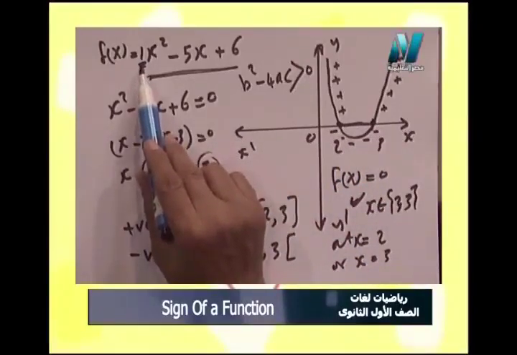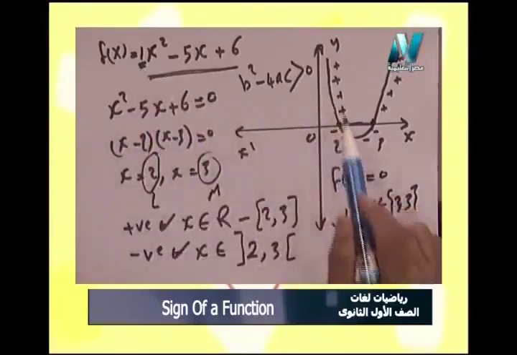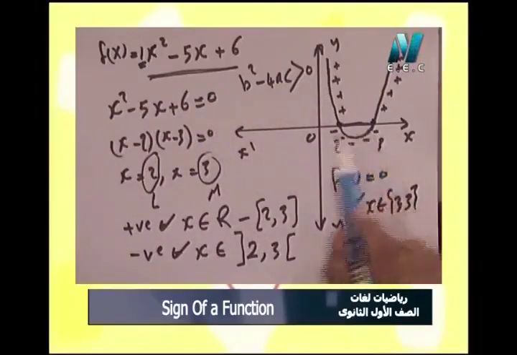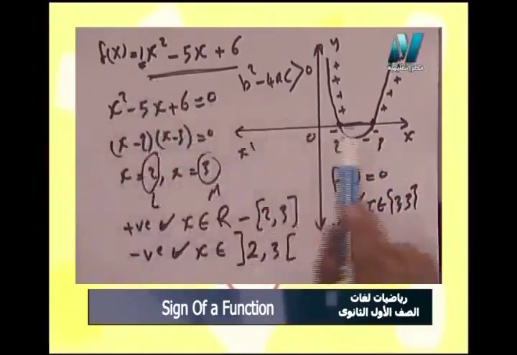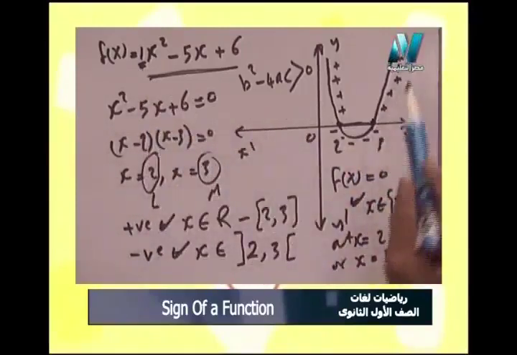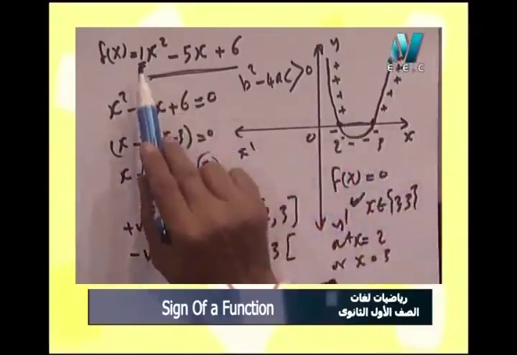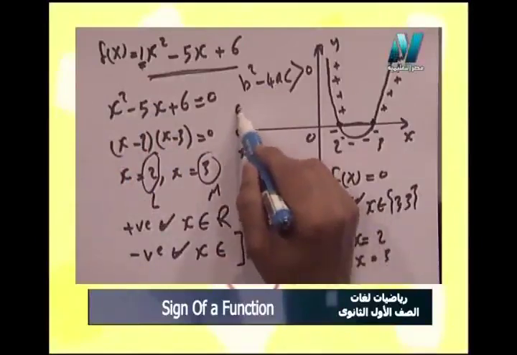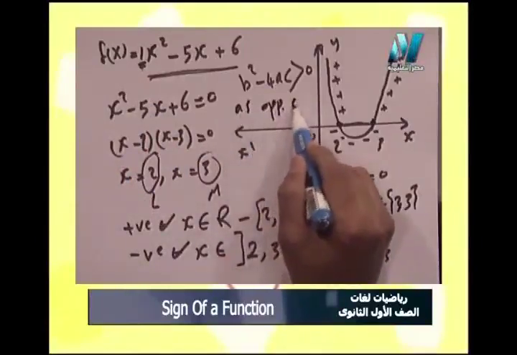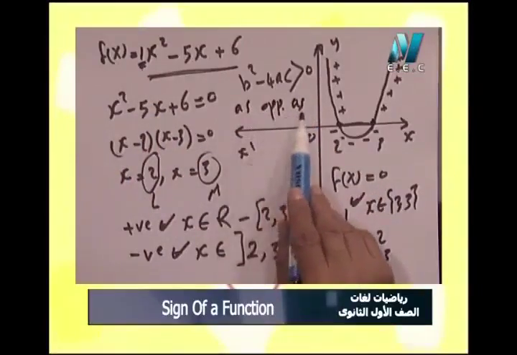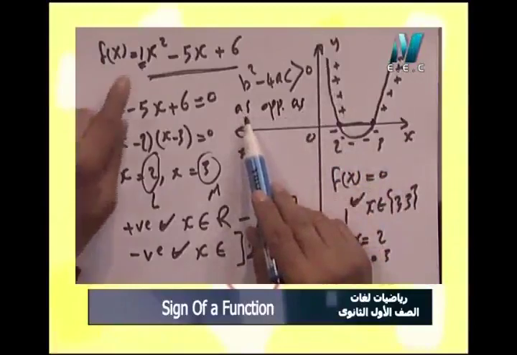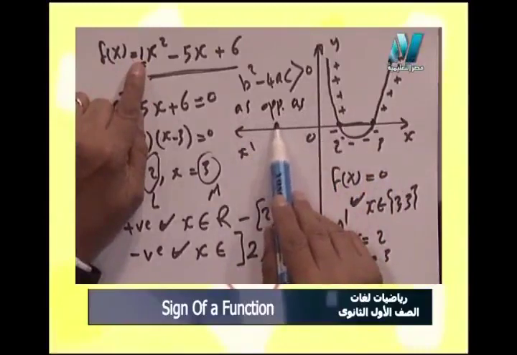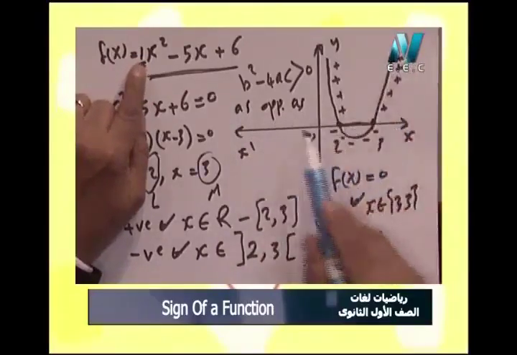This coefficient of x power 2 here is positive, so it's positive. And this part will be opposite the coefficient of x power 2. So it will be negative here. And this part will be as the coefficient of x power 2. So this part is as the coefficient of x power 2, this part is opposite to it, and this part is as the coefficient again.